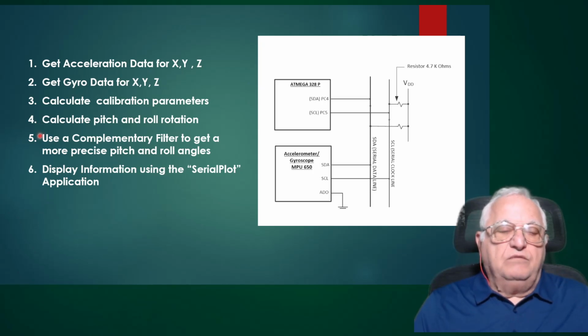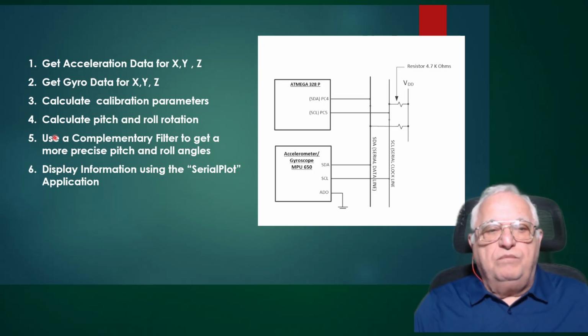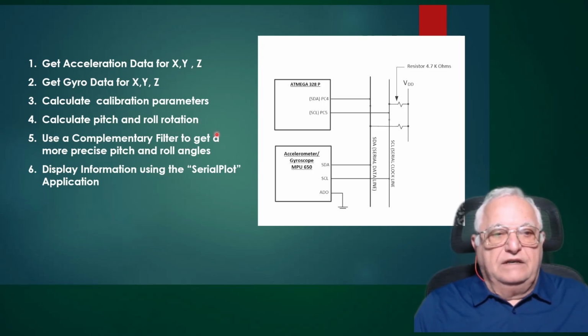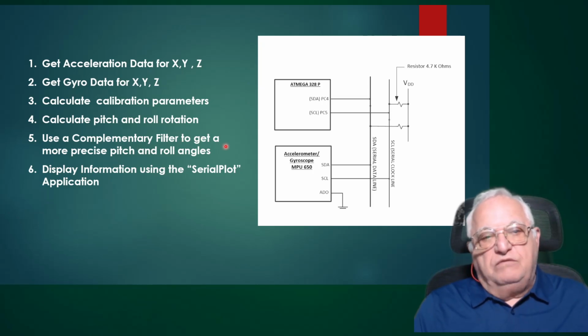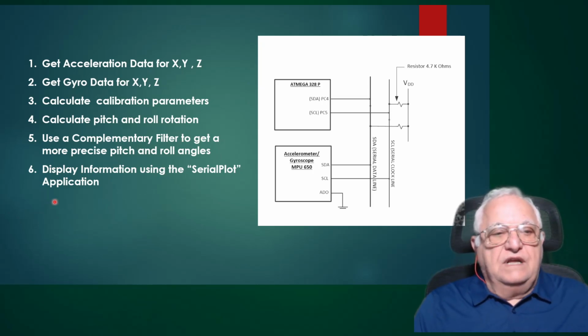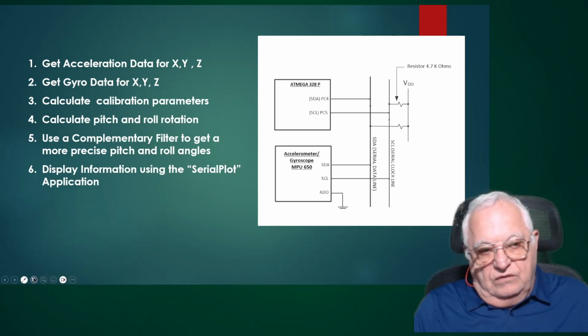Once we get the pitch and roll, we want to use that data to calculate our complementary filter to get more precise pitch and roll angles. After doing that, we're going to display the information in the serial plotter application. So it's time to put everything together. So let's continue.